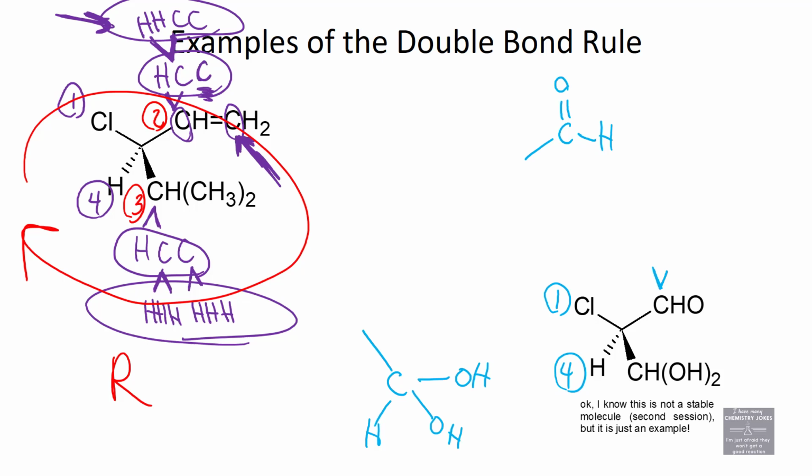So that's my 2 different branches drawn out so that you can see them. This carbon is connected to an H, O, double bond rule says O again. This one down at the bottom is connected to an H, an O, and an O. So, tied.